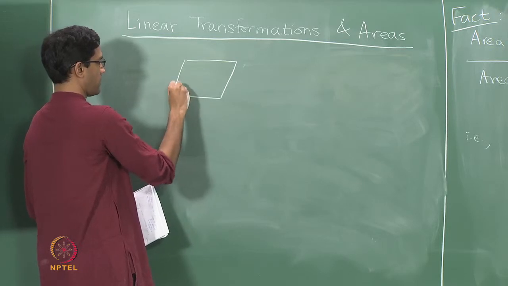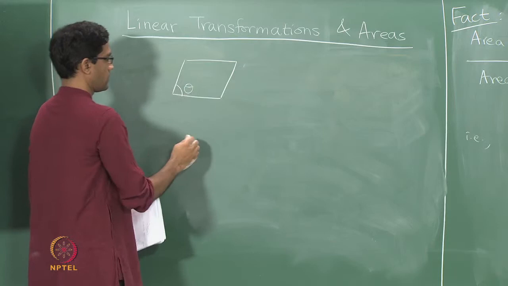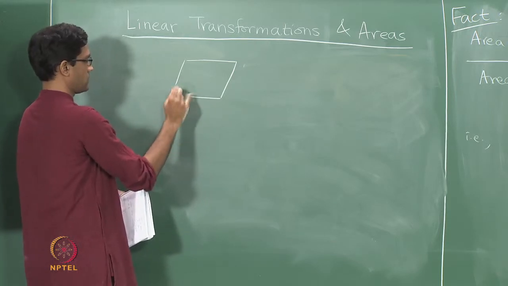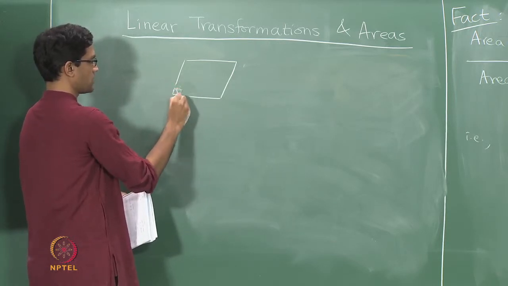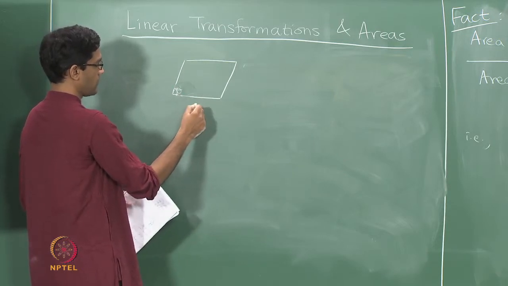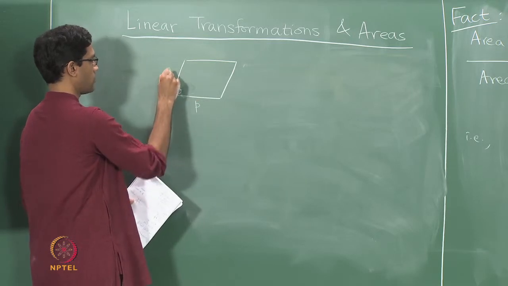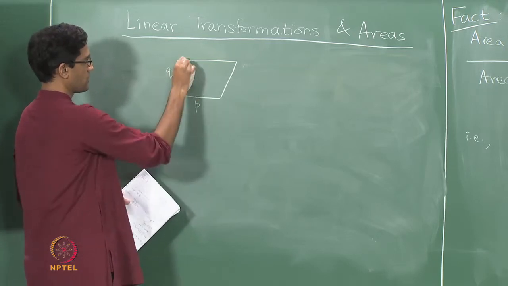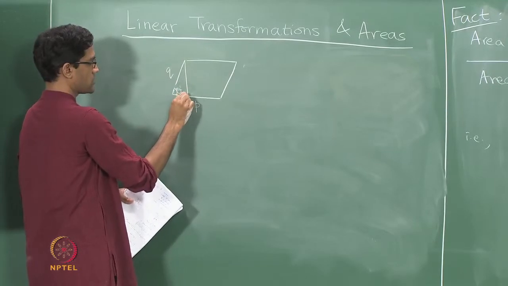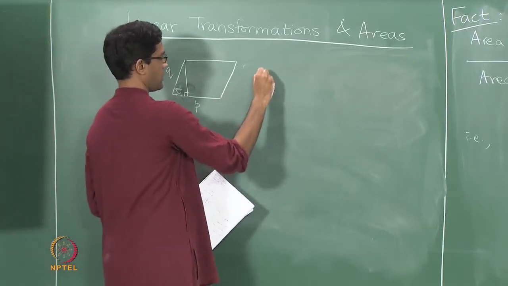If I have, say, here is theta, the angle, now the usual formula says it is base times altitude. So let us call these two sides P and Q. The area of a parallelogram is just base times altitude.